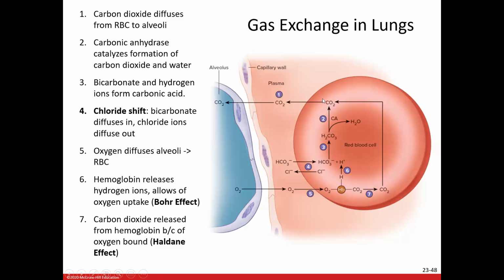And then some of that CO2, whether it came from being released by the hemoglobin or being formed from the carbonic acid, will then diffuse from high pressure in the red blood cells to low pressure in the alveoli. And then lastly, again, at station 4, we have the chloride shift. When chloride leaves the cell and enters the plasma, your bicarbonate ion can diffuse into the red blood cell, again, to keep that equilibrium.